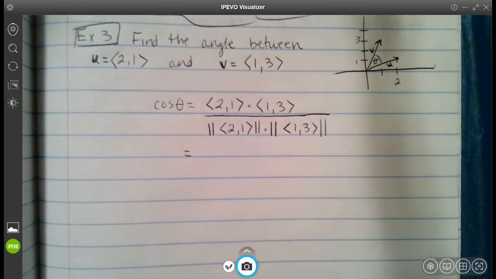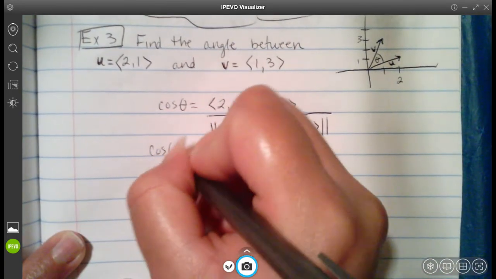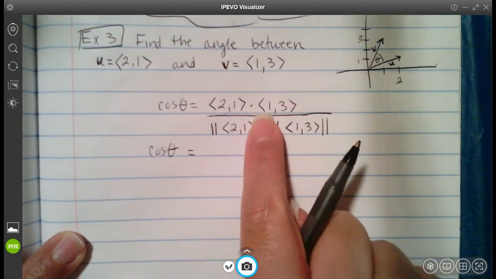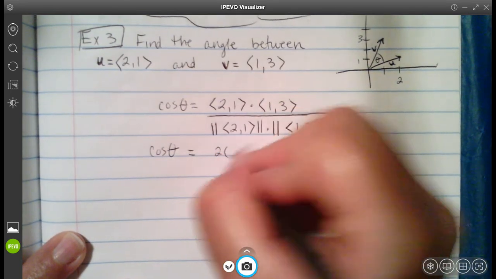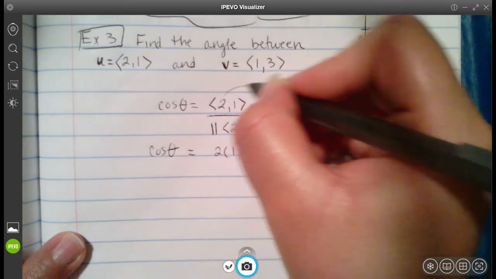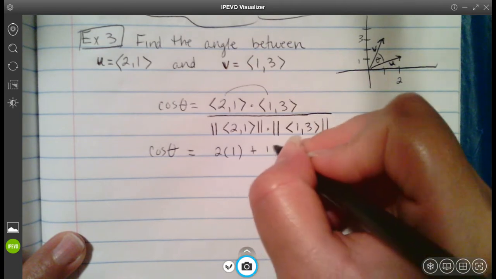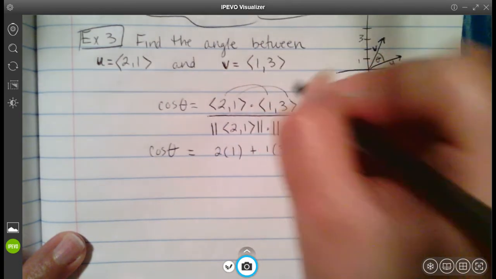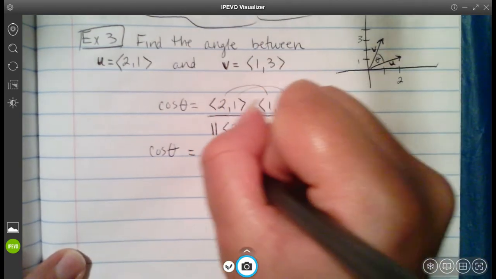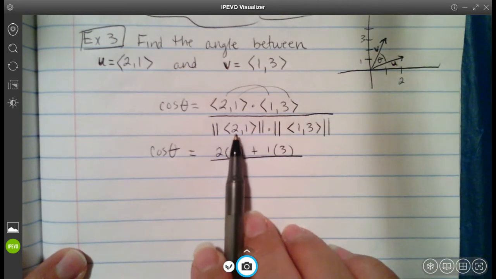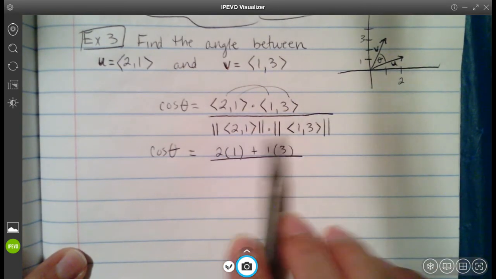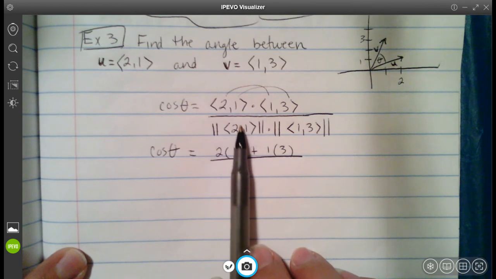We have that cosine of theta is equal to this part up here. We're just going to multiply. So 2 times 1, remember these two go together, plus 1 times 3, those two go together, all over the magnitude of this one times the magnitude of this one. For this one, remember how we did the one before?